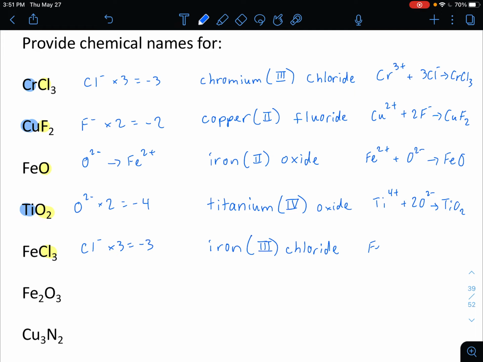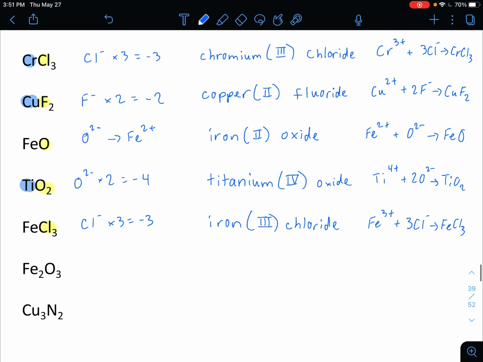Okay, so this would be Fe3 plus 3 Cl minus makes FeCl3. These last two, now we're getting to a situation where there are subscripts for both species.